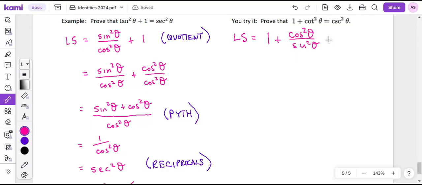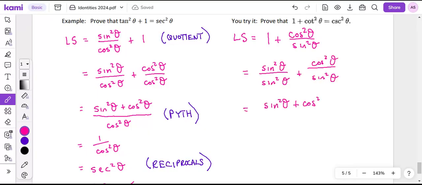Can you guys use the exact same process to try and show that the left-hand side is equal to cosecant squared theta? You can do it. I'm going to pause the video and start up again in a second once you guys have had a chance to try it at home.